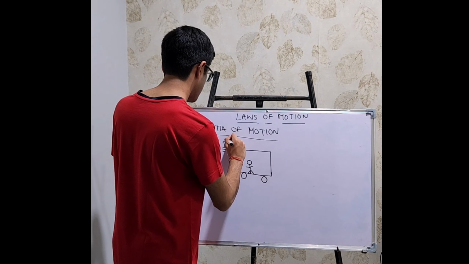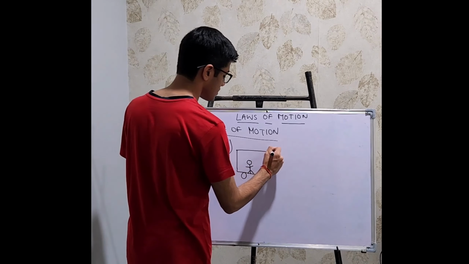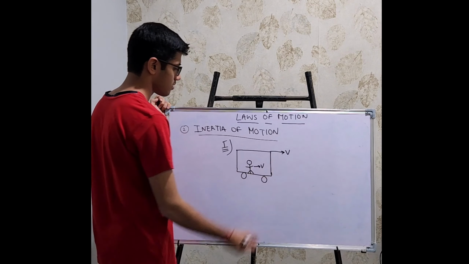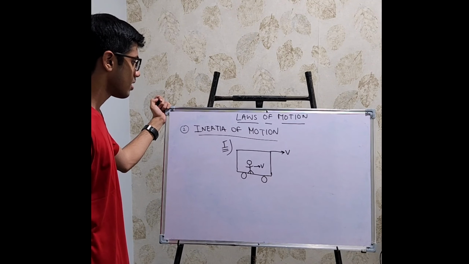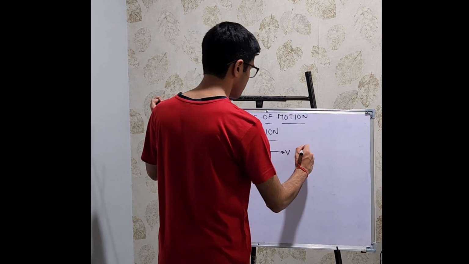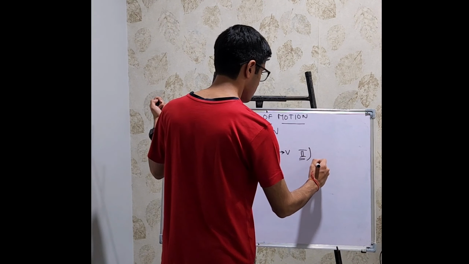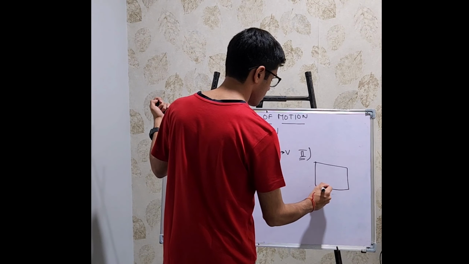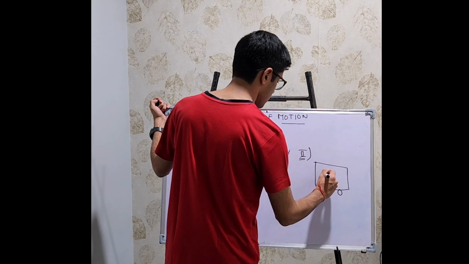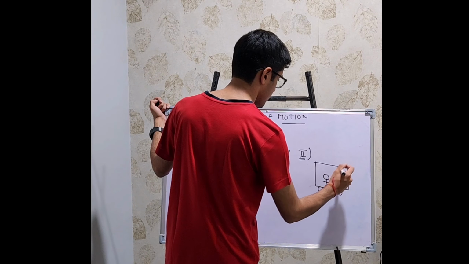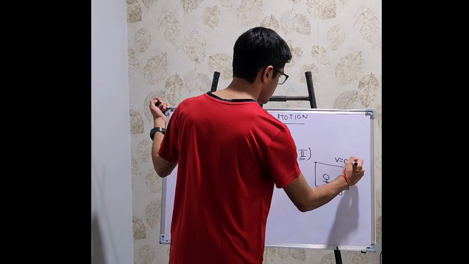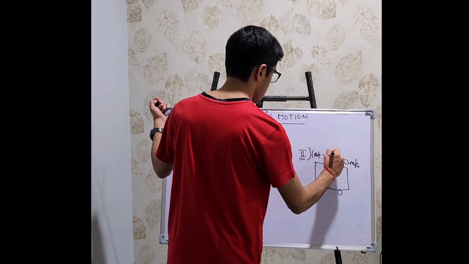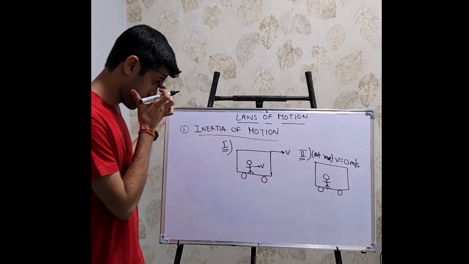This is the initial case, and this time initially the bus is moving with the velocity v, so the passenger is also moving with the bus with the velocity v, and let us say in the final case the bus suddenly stops. The bus stops, that means v is equal to 0 meter per second. That means it is at rest.